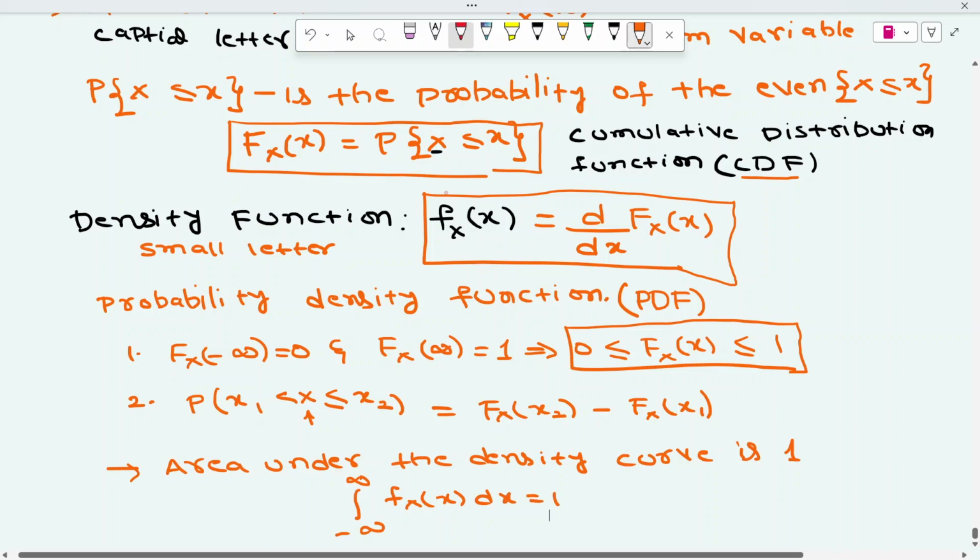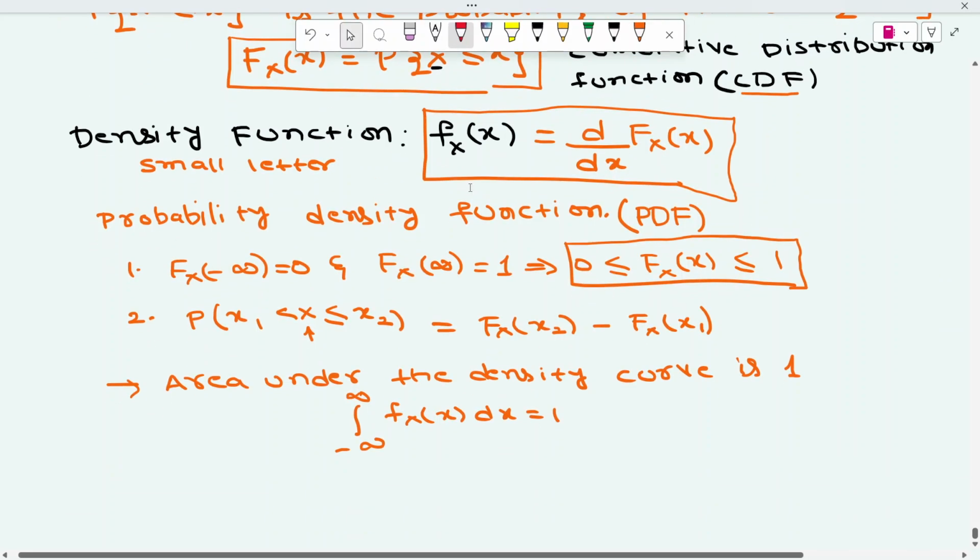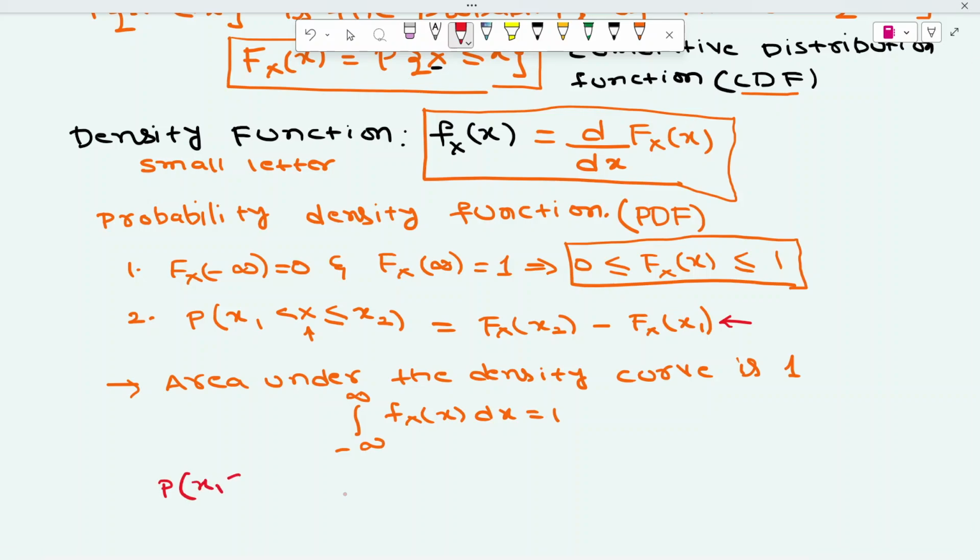This property is very useful for problems related to the density function. Another important property: if we want to find the probability of the random variable taking values between x1 and x2, and we are given the density function, we can find it by integrating the density function from x1 to x2. This is another very useful property.